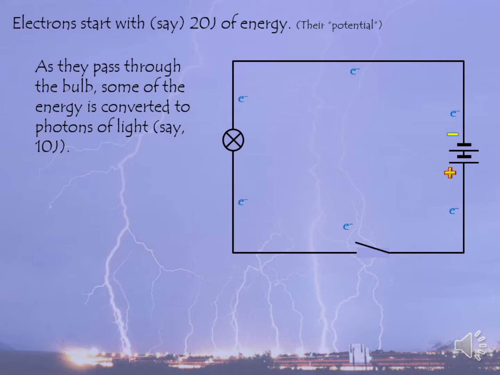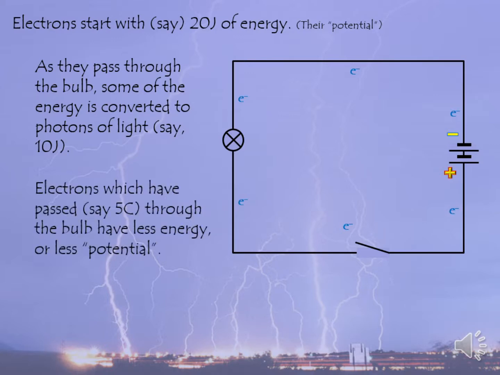Let's say that that's 10 joules of energy converted in that way. Let's say too that 5 coulombs of charge total have passed through this bulb, and the electrons that form that 5 coulombs of charge have less energy or less potential than they had before they went in.